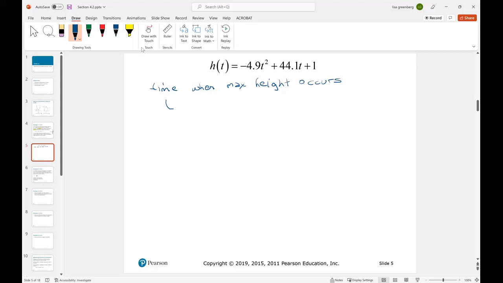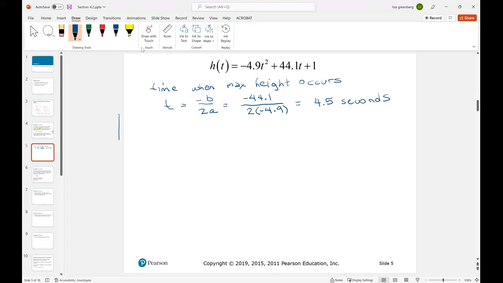So we have t is equal to negative b over 2a, which is equal to negative 44.1 over 2 times negative 4.9, right? And if you put this into your calculator, you're going to get 4.5 seconds. So at 4.5 seconds, that's when the max occurs on our parabola.